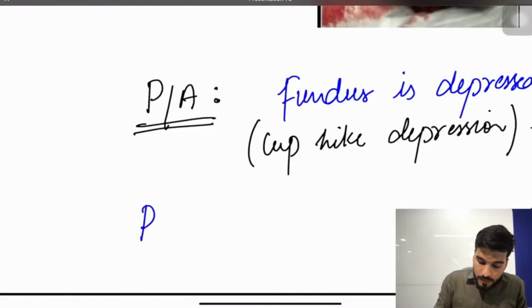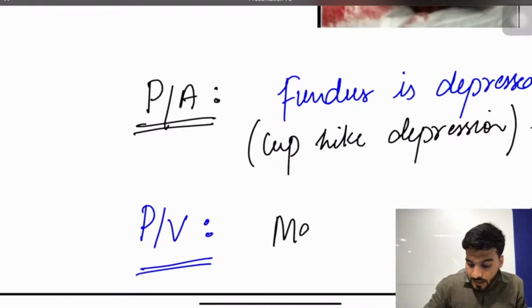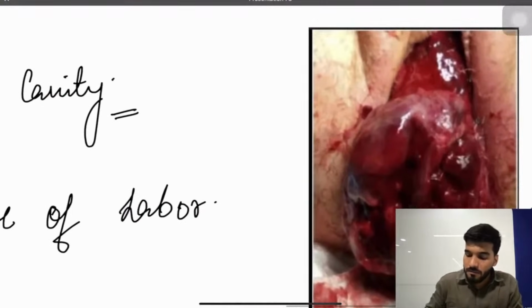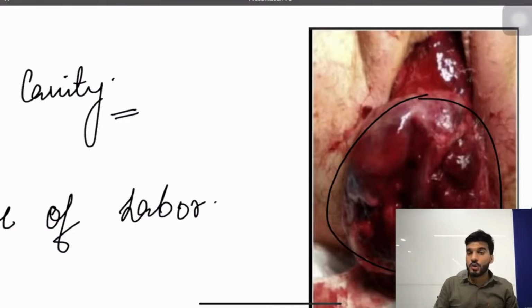That's why on per vaginal examination you see there is a mass in the vagina, and this mass is protruding out. This is uterine inversion. So when there is shock, fundus depressed with a cup-like depression on abdominal examination, and on per vaginal examination bleeding and a mass coming out, suspect a case of uterine inversion.